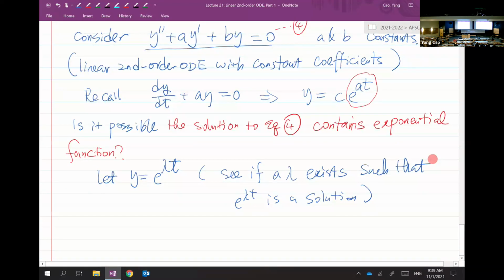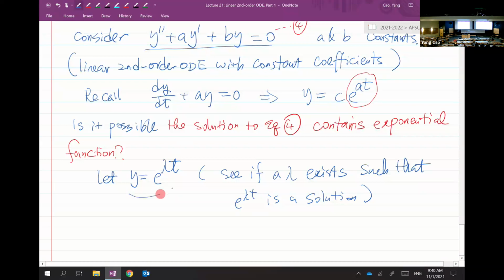And to find out, the only way is to plug this e to the power lambda t into equation number 4. When you say something is a solution to an equation, what does that mean? You plug it into that equation and see if that function satisfies the equation or not. Very much like if you have a function f of x equal to 0, and you want to check if x equal to 1 is a solution, you plug x equal to 1 back into the function and see if it satisfies.